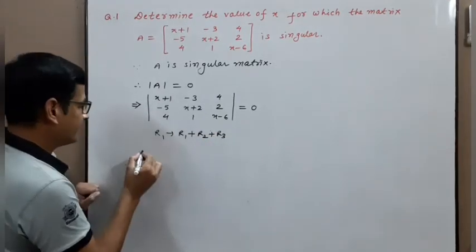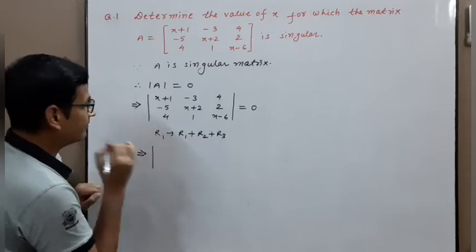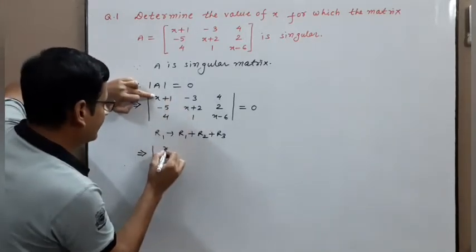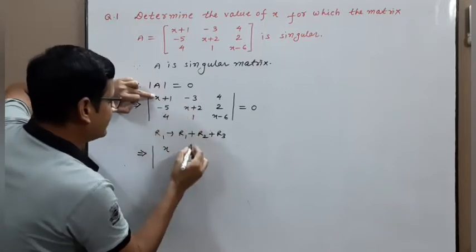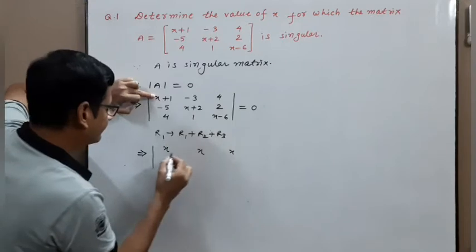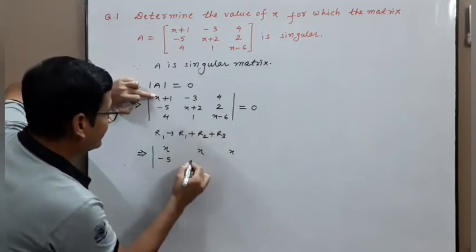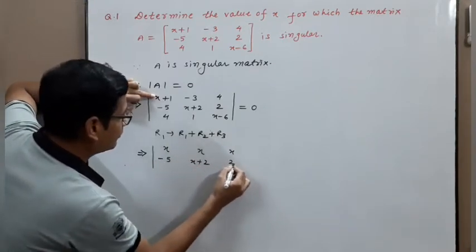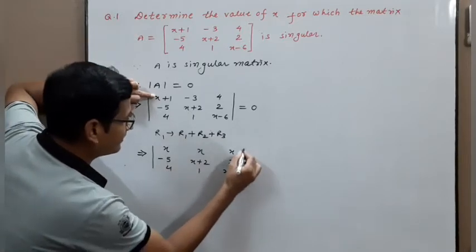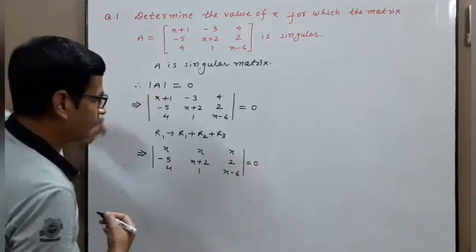So applying this, next step, x plus 1 minus 5 plus 4, so only x. This plus this plus this is x. This plus this plus this is x. Minus 5 plus 2 plus 2 is x, and the third row is 4, 2, x minus 6, equal to 0.